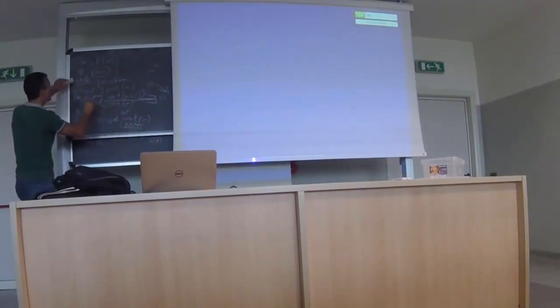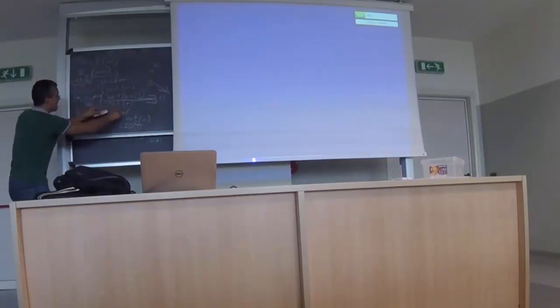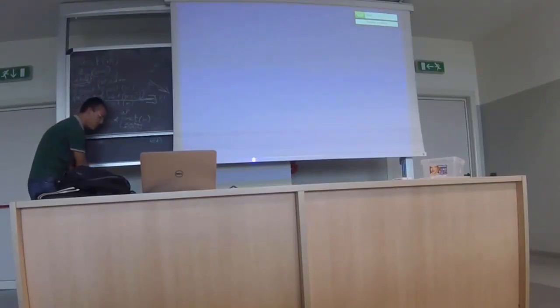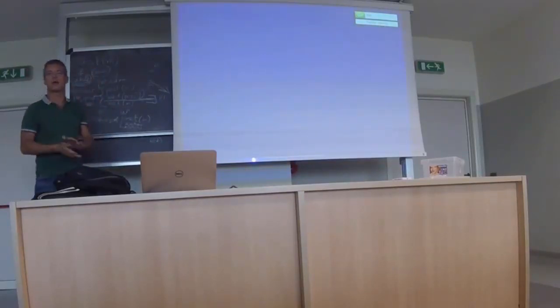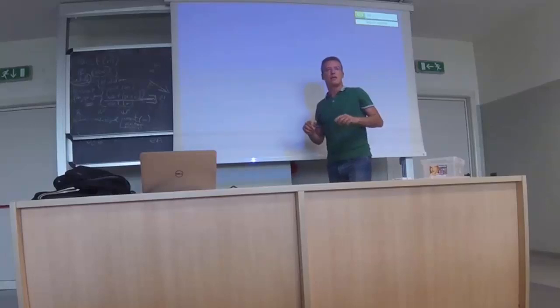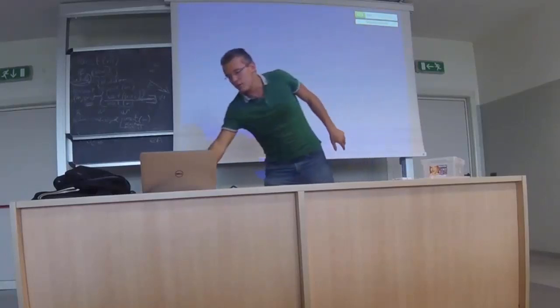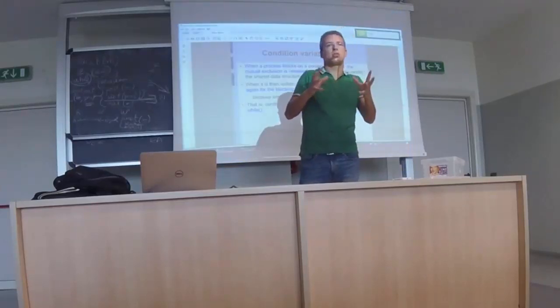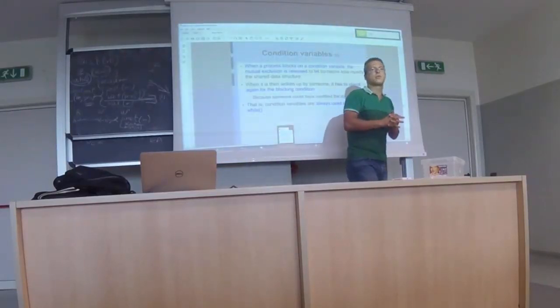Instead, here I shall use a while, because I shall recheck whether, while I hold the mutex, that condition is valid or not. Now I see more faces nodding, so hopefully it's clearer now. This is like the most complex thing that we will see about concurrency. This really explains the lower level details of condition variables, which is something that you don't typically see in operating system courses.